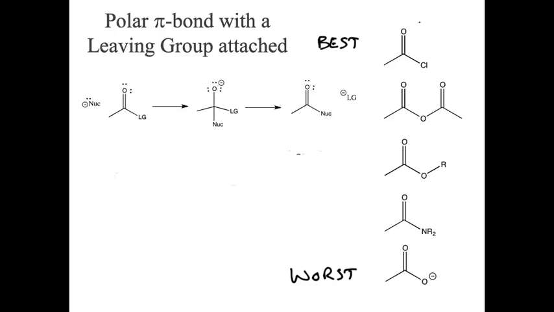Okay? Not fewer mechanistic steps. If we're talking about easier to take off, you're saying that that leaving group is stable. It is easier to break that bond. Right? I have to form that first, don't I? If I don't form it, I don't care what the leaving group is. This goes back to substitution, looking at those reactions.